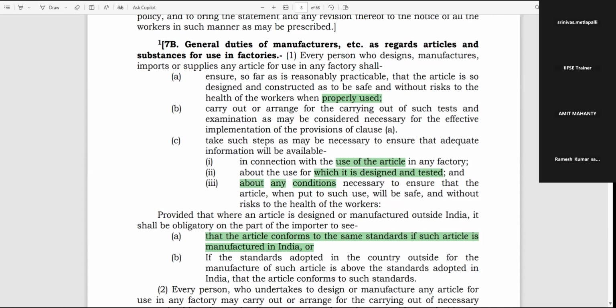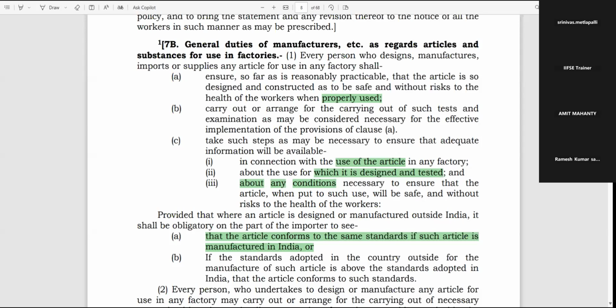Then carry out or arrange for the carrying out of such tests and examinations as may be considered necessary for effective implementation of the provisions of clause A. It means before sending it to other people for their use in a factory, sometimes you produce only an intermediate product, and then the final product will be made by somebody else.